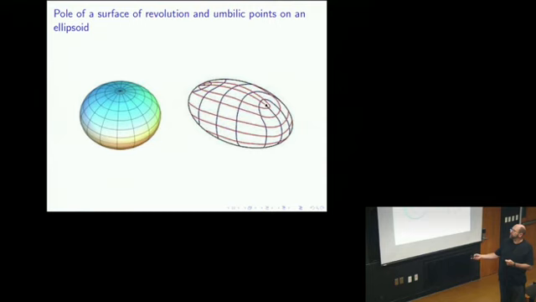These umbilic points have the property that every geodesic leaving an umbilic point returns to the umbilic point at time 2 pi. But it returns with a twist. It does not return as a closed geodesic. It comes back and makes an angle to itself. So this one is self-focal but not a pole. This one's a pole.